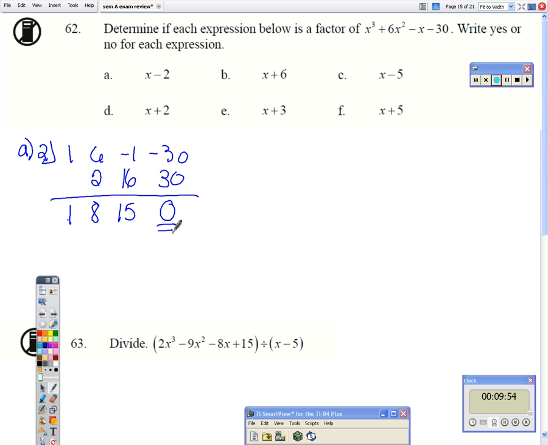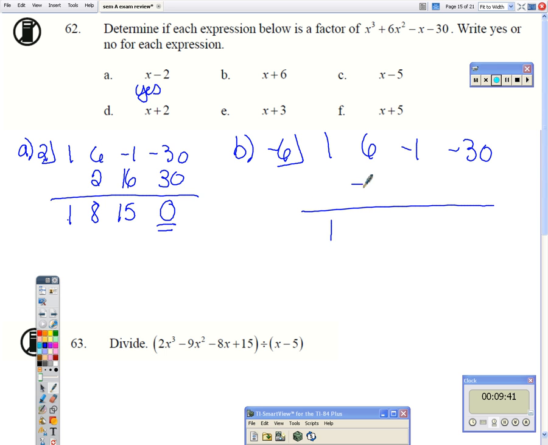I get 0 as a remainder, so yes, that's a factor. So for B, bring down the 1, multiply and add, multiply and add, multiply. Now, this is negative 24. That's not a remainder of 0, so B is not a factor.